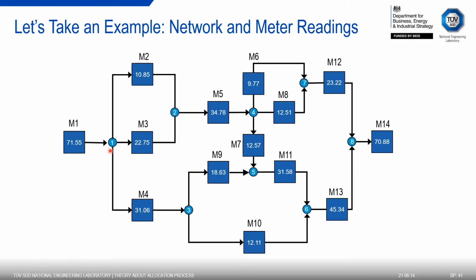This is where you have the production, which is split. For example, M1 here is split between M2, M3, M4, and M4 is split on node number 3 between M9 and M10, and so on. So we will be using, and keep in mind, this concept of node because it will be very important to solve the mathematics here.